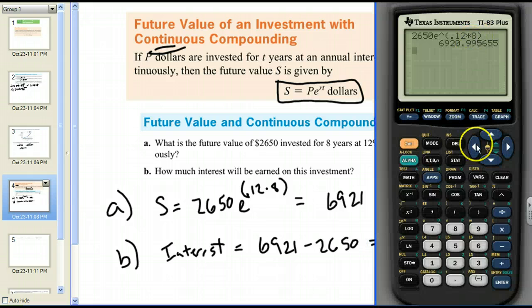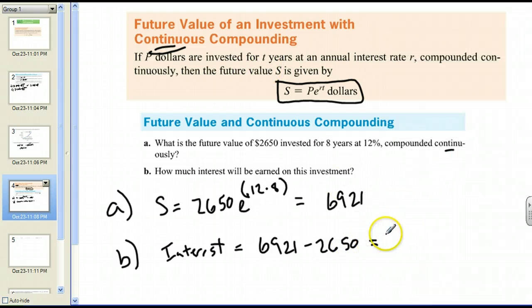This is the last thing I did, so just minus 2650. And I roughly get 4271. That's money, so dollars.